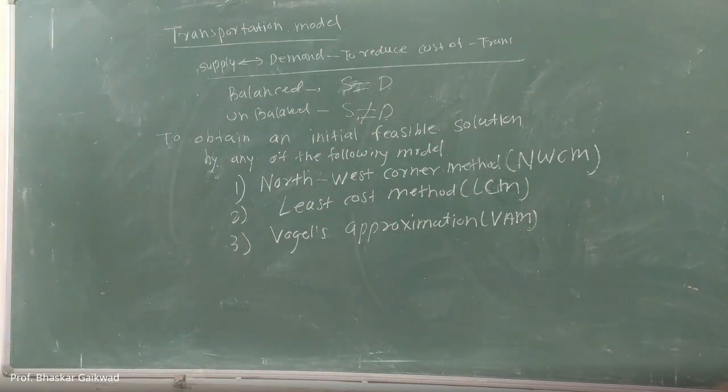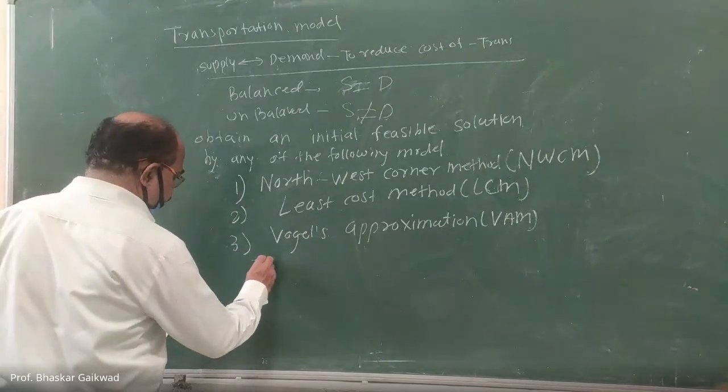To solve this transportation problem, or to get the initial basic feasible solution, we have three methods: the northwest corner method, that is NWCM; next the least cost method; and third Vogel's approximation method, that is VAM. Once you get the initial feasible solution, you have to go for the optimum test.